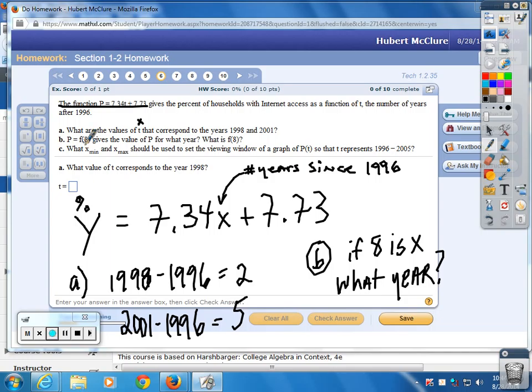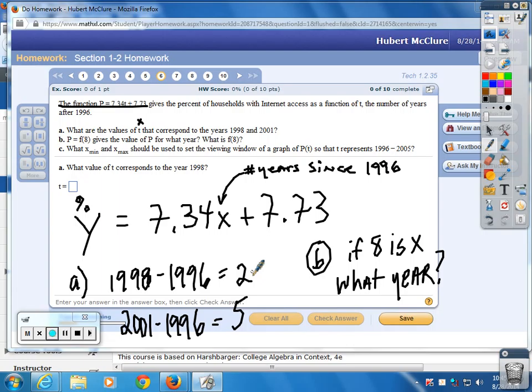Are you like past the 2 and 5 thing? Yeah, we finished that. All you had to do was find 2 and 5. You didn't have to plug them in. Well, you can if you want to, but they just want to know what are the values of T that correspond to the years, these two right here. So they just want you to find x.